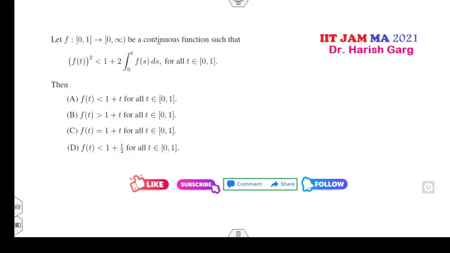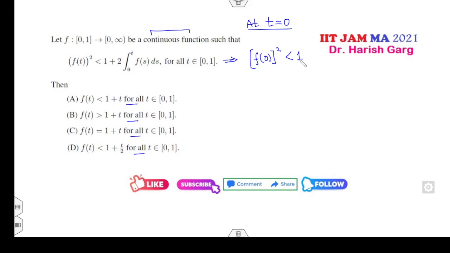f from [0, 1] is a continuous function such that the given inequality is satisfied. Which of the following are satisfied for all t? First of all, you can see that it's a closed interval. What will happen if you substitute t equal to 0? The left hand side will be f of 0 squared, which is less than 1 plus the integral from 0 to 0, which is 0.